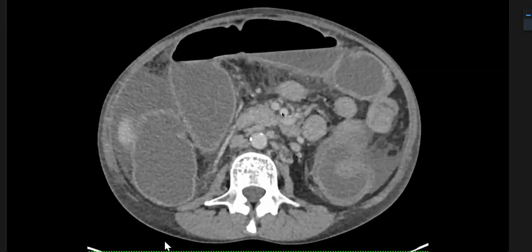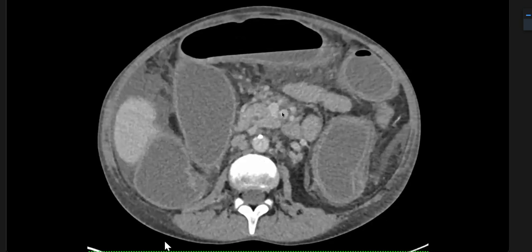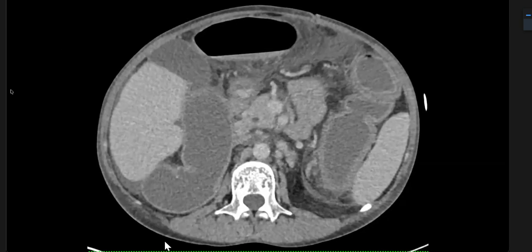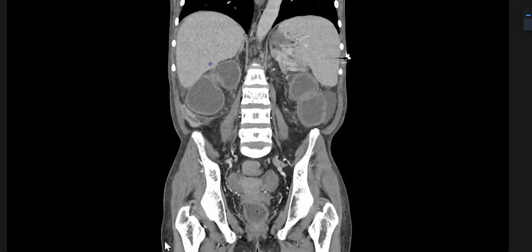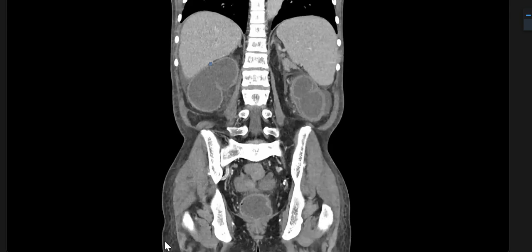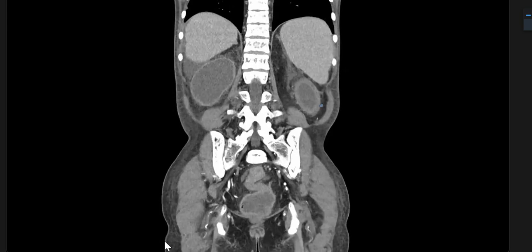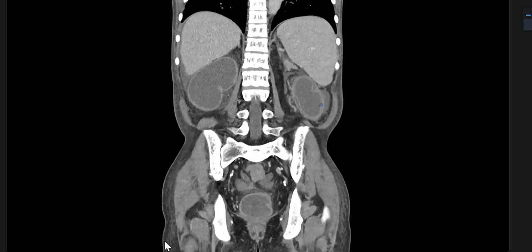I would like to see it in the coronal images, as I'm suspecting intestinal obstruction with a transition point, which I could appreciate at the level of the right iliac fossa, where I was also seeing a calcified lesion. As the patient is an adult, I would like to look at the right iliac fossa to rule out any malignant cause.